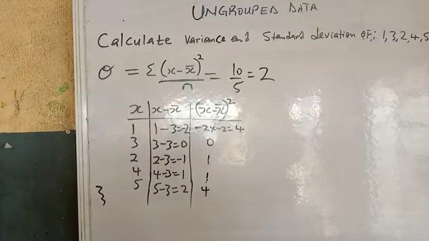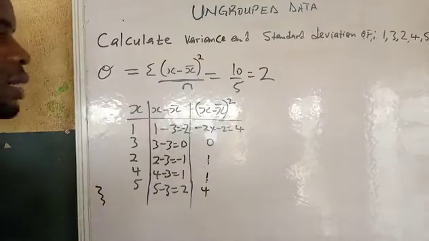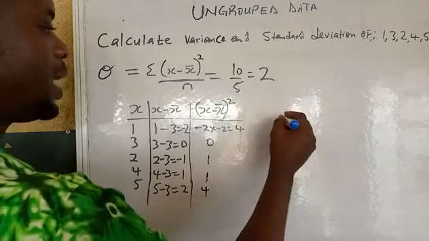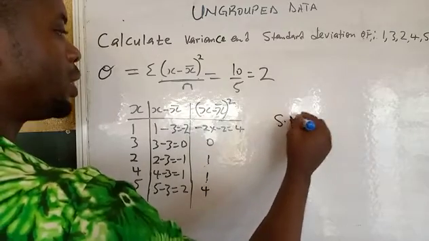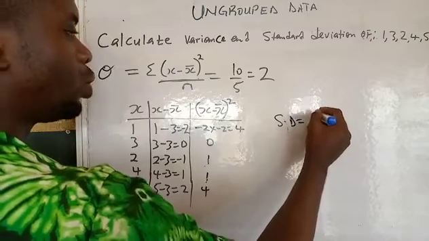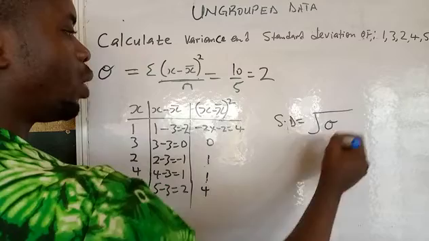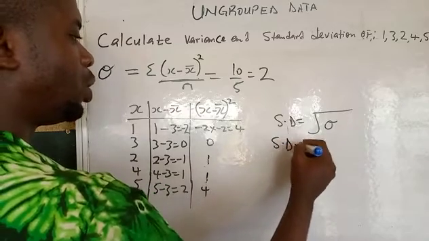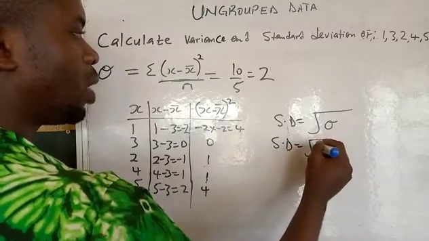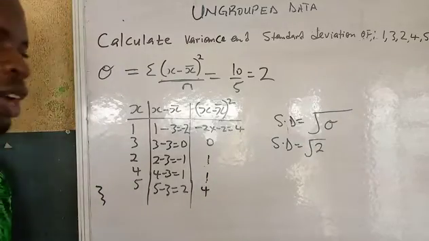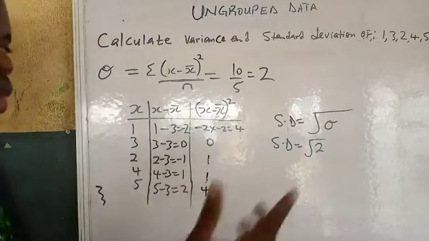I told you that if you want to find your standard deviation, it will be the square root of what? Square root of variance. Variance is 2. So you have to find the square root of 2. That's going to be your standard deviation.